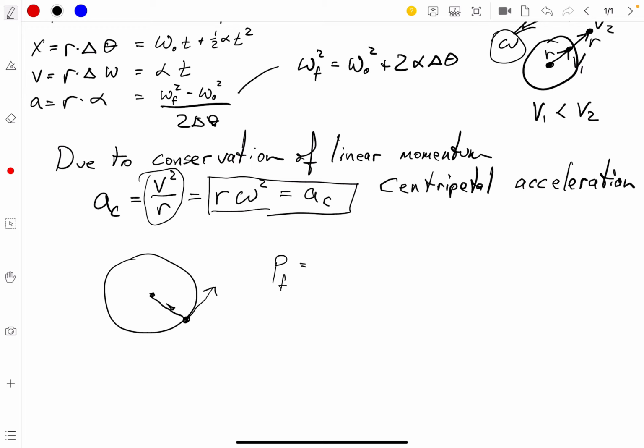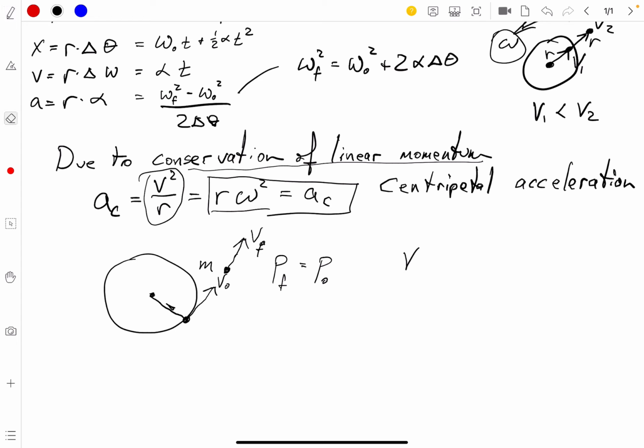So P final will equal P initial, and that means that V, this is our V initial, will maintain itself, and here's our V final, and the actual object will spin off and go straight. Okay, so that's why conservation of linear momentum is what the object wants to do. But what are we forcing it to do?